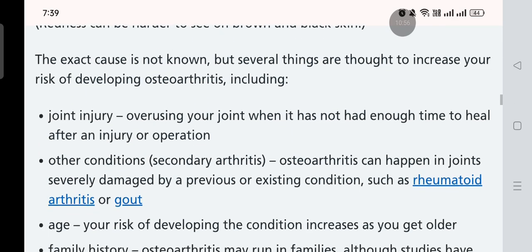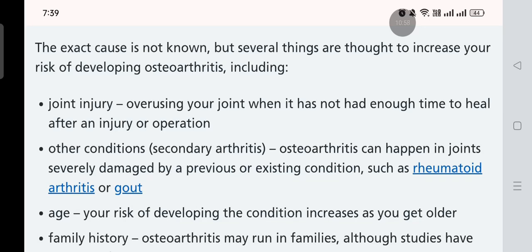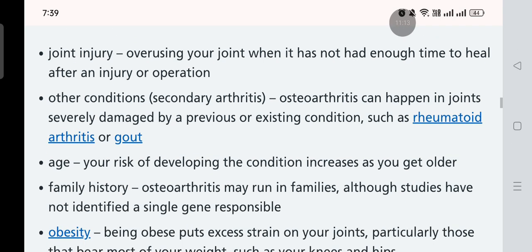The exact cause is not known, but several things are thought to increase your risk of developing osteoarthritis, including joint injury, and overusing your joint when it has not had enough time to heal after an injury or operation.